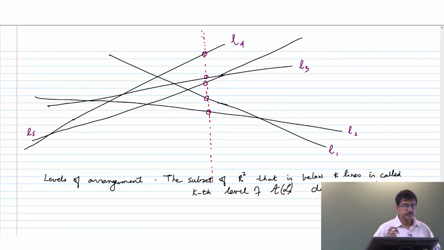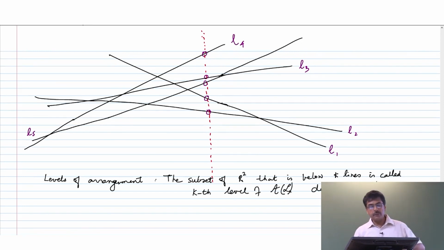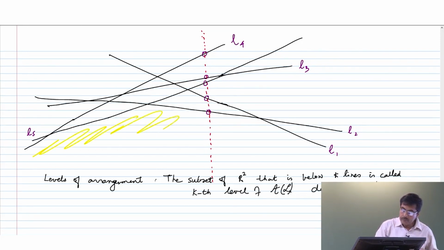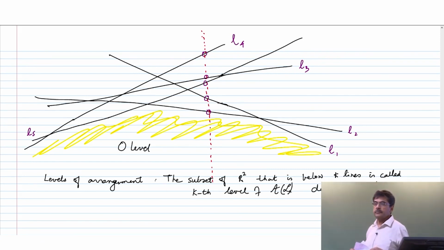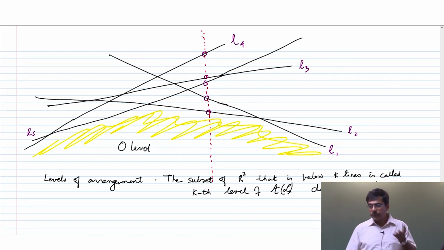So, according to this definition, we can even have a 0 level, right. So, this part basically is the 0 level, because it is below the first line.